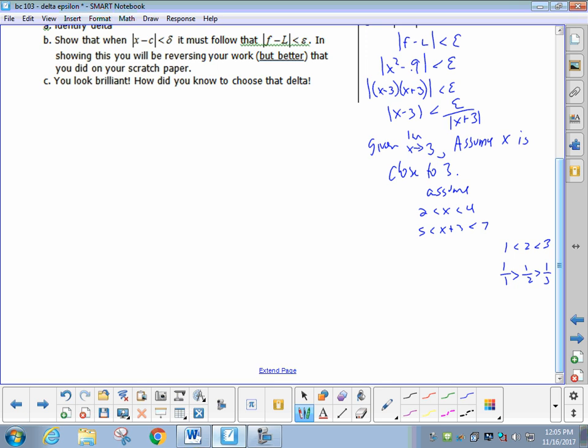Now then, if I do that, then that would imply that 1/5, you don't have to do this, by the way, off to the side every time. This piece is just for educational benefit, right? 1 over x plus 3, 1 over 7. All right, now then, I'm trying in the end to figure out what this epsilon over x plus 3 has got to be like.